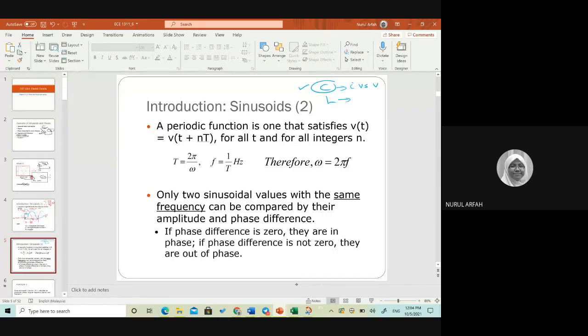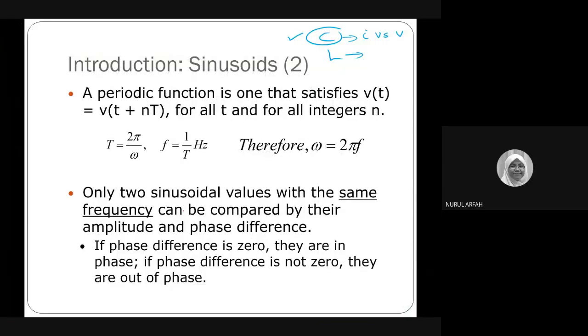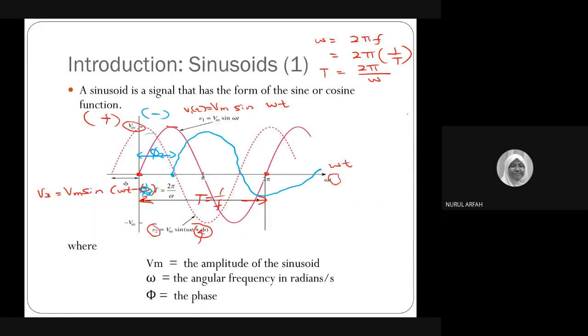Only two sinusoidal values with the same frequency can be compared by their amplitude and phase difference. What does this mean? If you look at the previous one, you have Vm, and then the sine wave, and then the angular frequency.